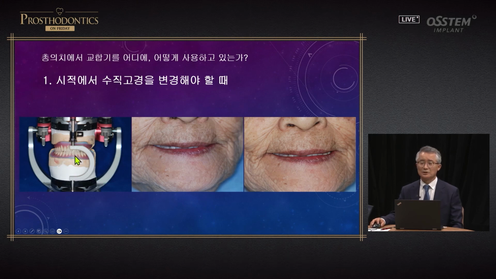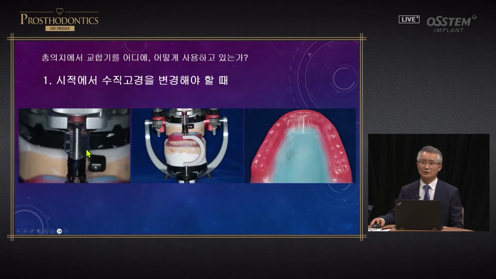So the artificial teeth are in. Try-in and vertical dimension check are done. There's different types and styles depending on different professors. This is not something that is of central focus today. 2 millimeters were reduced.